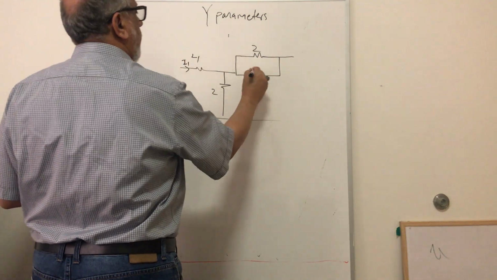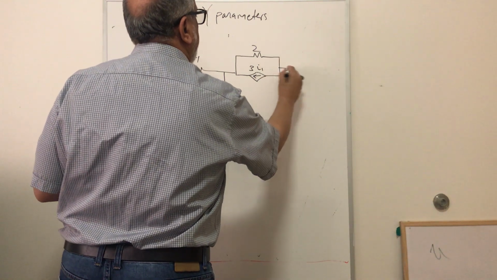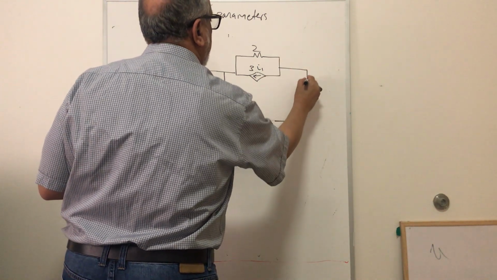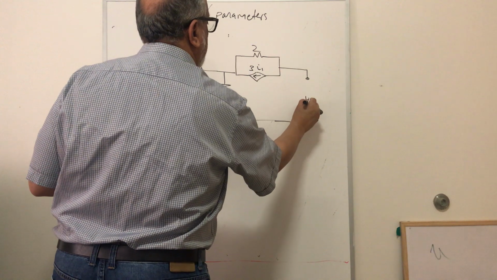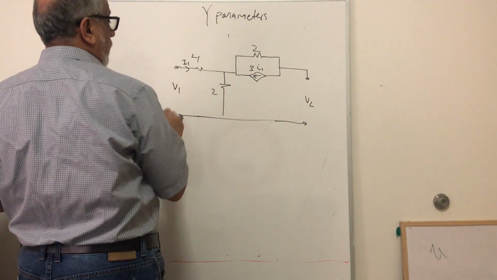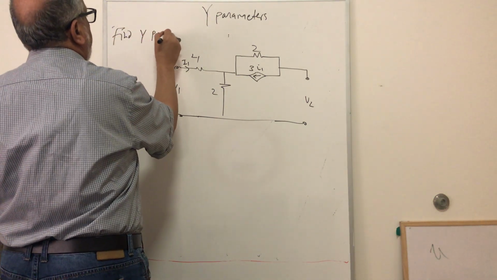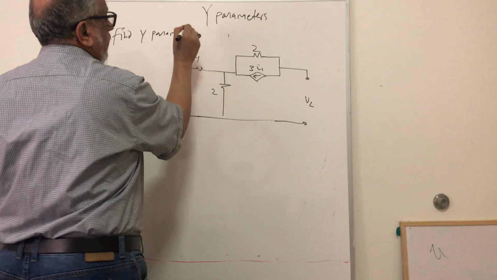This current is I1, and this current is 3I1. And this is our second port, let's say. So this is the port V2, and this is the port V1, and we have to find y parameters.